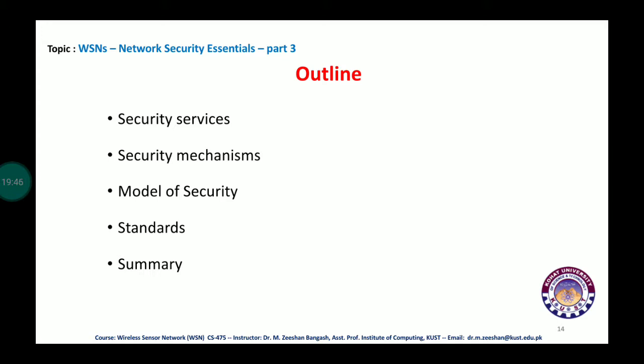We also discussed a model of network security, in which a scenario was discussed of how the sender and the receiver communicate in the presence of a third party, and this third party is used for communicating keys or some secret information.